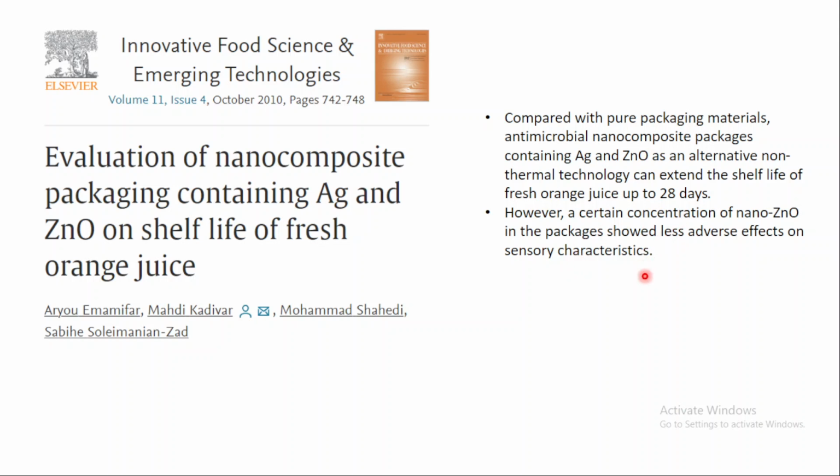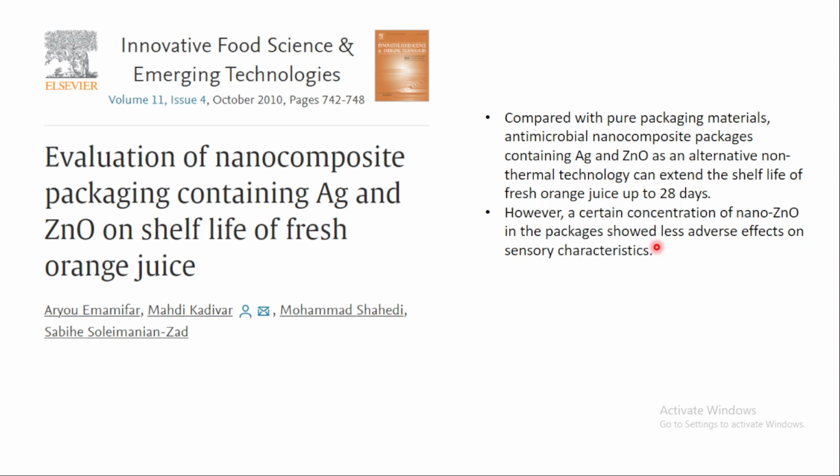It shows that the use of nano zinc oxide particles has less effect on how the orange juice should originally taste. So it is not affecting the taste, texture and feel, or sensory characteristics of the orange juice. So both silver and zinc oxide are used in increasing shelf life of the fresh orange juice.